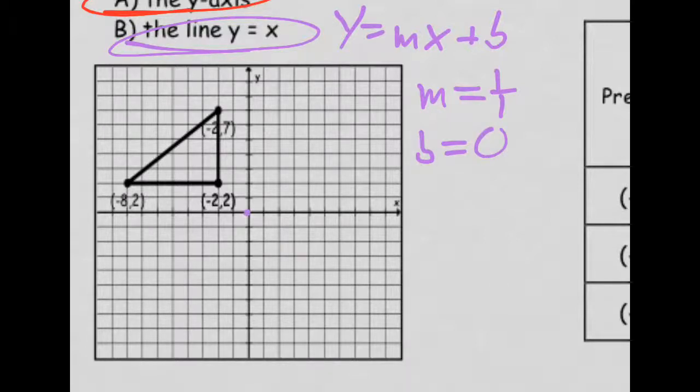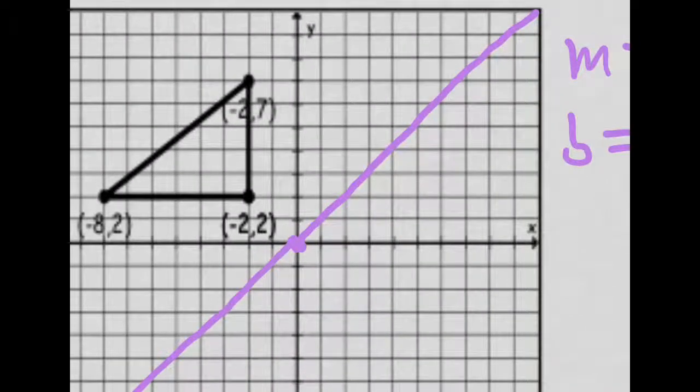So we know it goes through the origin, 0, 0, and we know it goes up 1 over 1, up 1 over 1, up 1 over 1, so it just becomes a diagonal line. What angle did we say it made between the line of reflection and the line between the 2 points? A right angle, right? Well, let me ask you this.